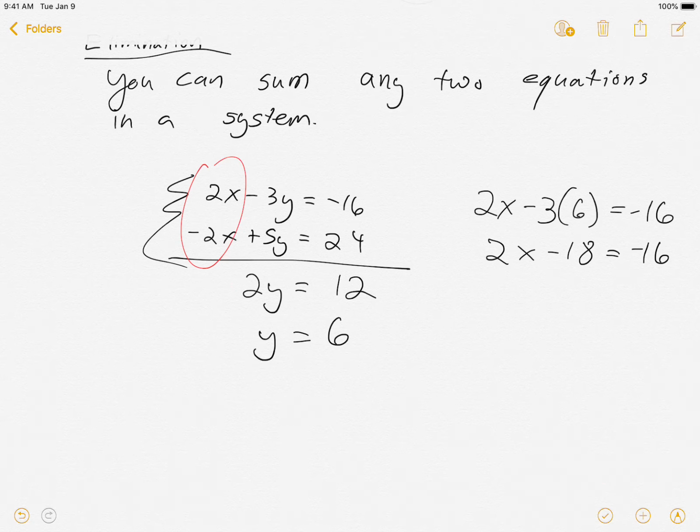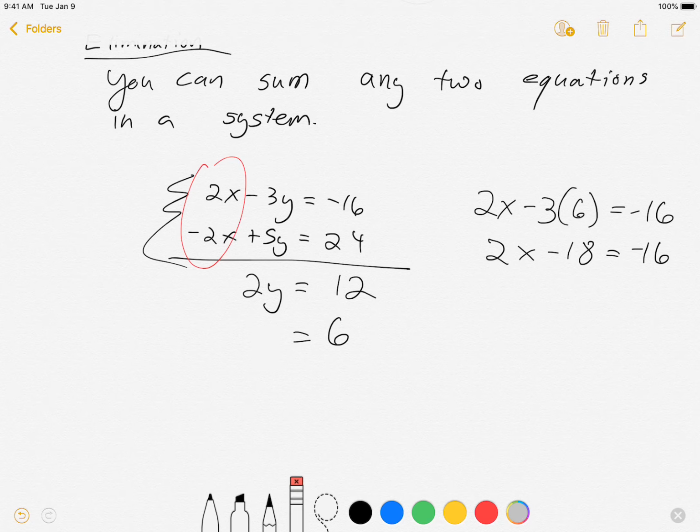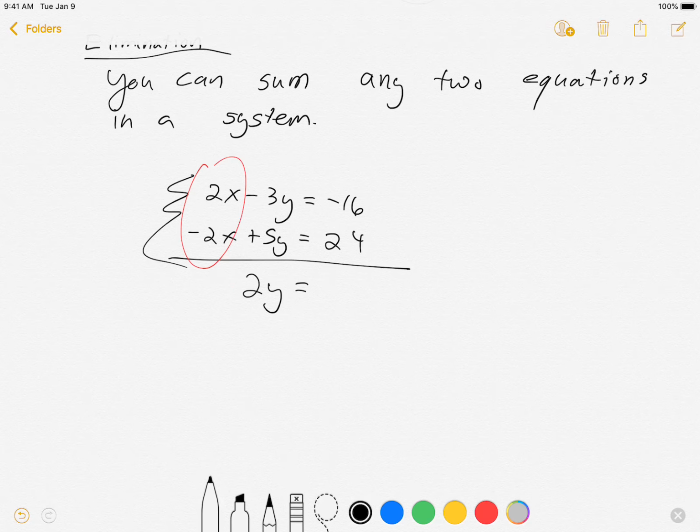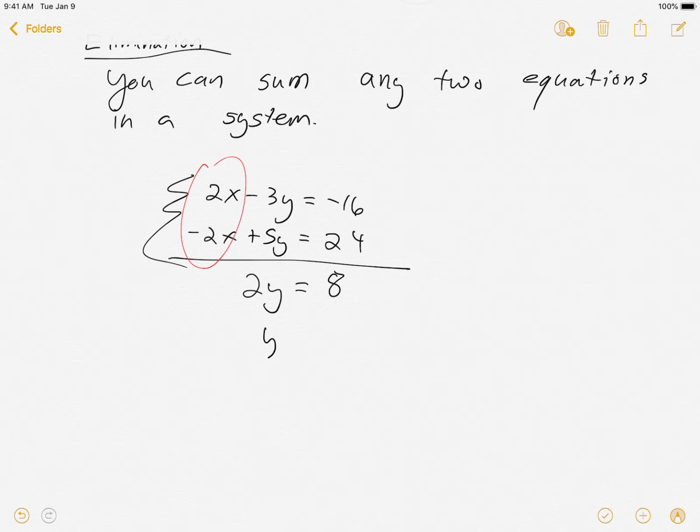I made a boo-boo. Let's go back a little bit. I'm sure you noticed it right here. When you do negative 16 plus 24, you get 8. So y is 4. Sorry about that.